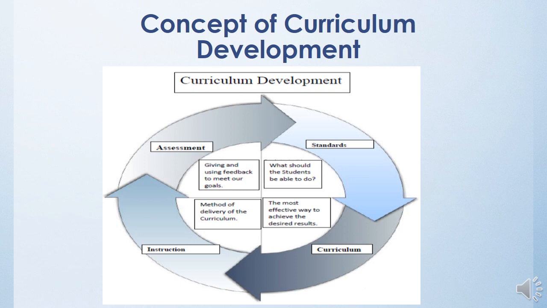The curriculum influences the instruction, which is the method of delivery of the curriculum, which influences the assessment, which is giving the feedback on whether we are meeting our goals or not. And over time, as standards change, so will the curriculum, so will the instruction, and so will the assessment.